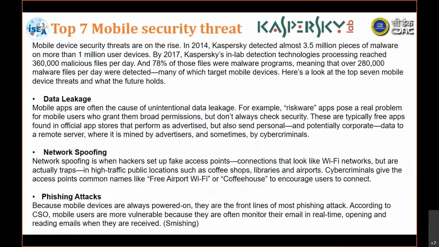Now, this is one of the latest reports by a reputed antivirus company based on their study, and they categorize the top 7 mobile threats, right? These threats are categorized as data leakage, which was apparently briefed just now. Then network spoofing.